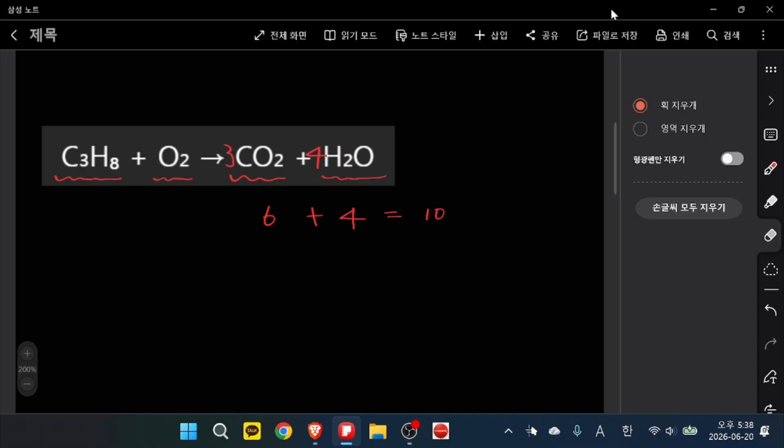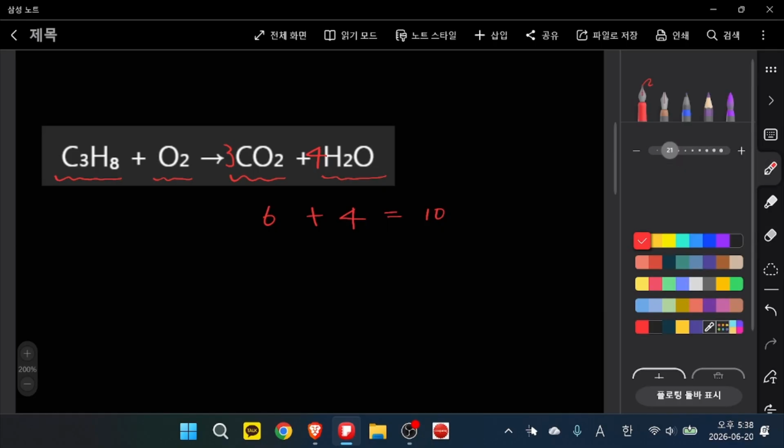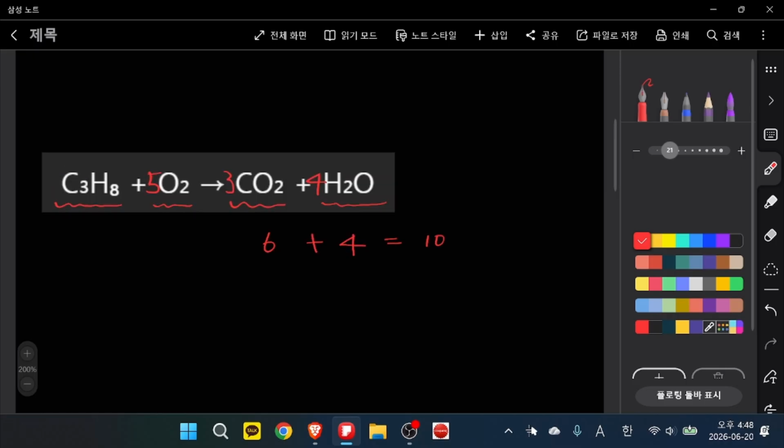In total, there are 10 oxygen atoms. Since oxygen gas is O2, which contains 2 oxygen atoms per molecule, we need 5 oxygen molecules. Now the equation is balanced.